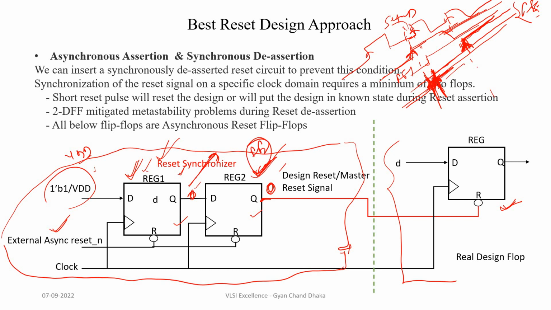So in short, in this reset design approach, our flip-flop 2 can never go into metastable. Flip-flop 1 can go into metastable if the reset deassertion happens near the active clock edge, but flip-flop 2 can never go into metastable, and hence our design flip-flops are always in a known state. They can never go into the metastable state.